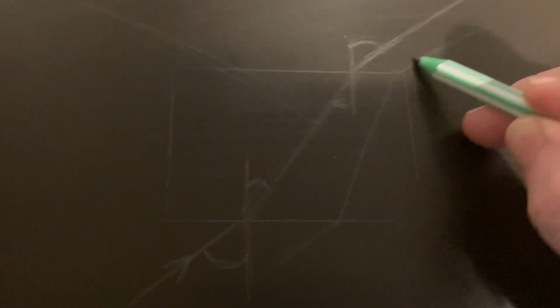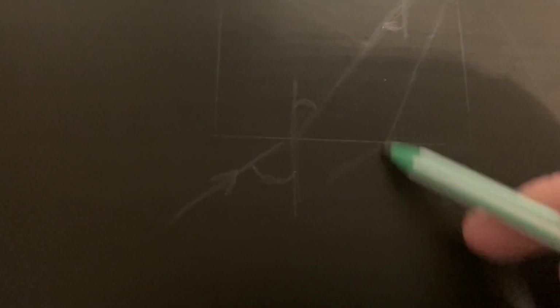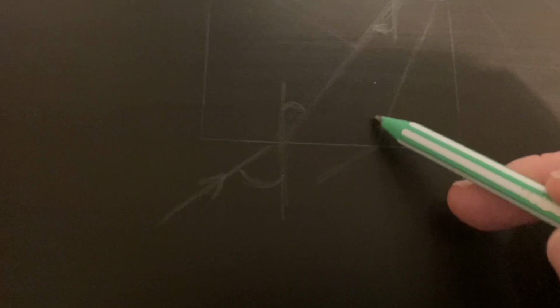And when you're asked to sketch these diagrams, you don't have to worry about the exact values, the exact differences. You do just have to make it clear that there is a difference. And you can see that if you bring it in with a greater angle here, the effect is more pronounced.